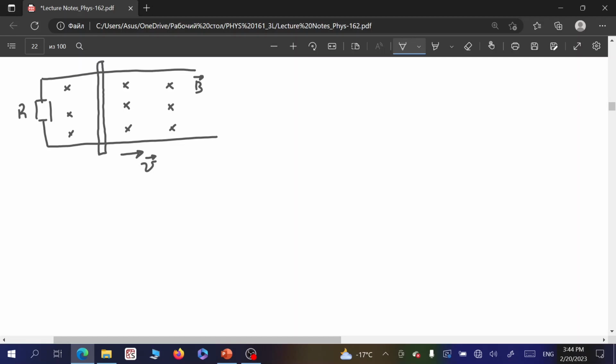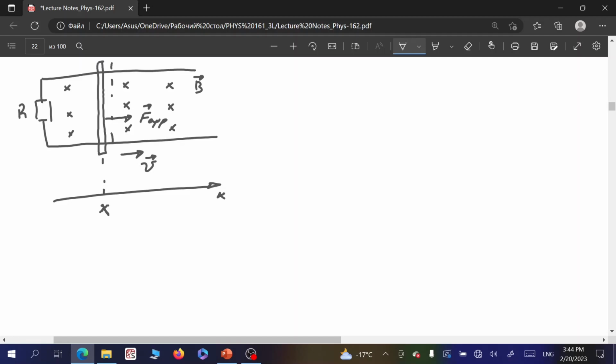So let's say we apply some force, F applied, to move this conductor, there will be a change of position. So let's say here is axis X, here is the position coordinate X of the conductor.